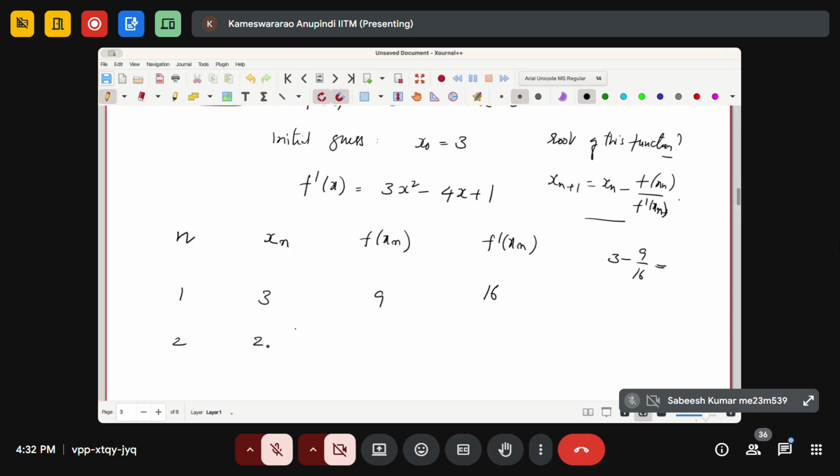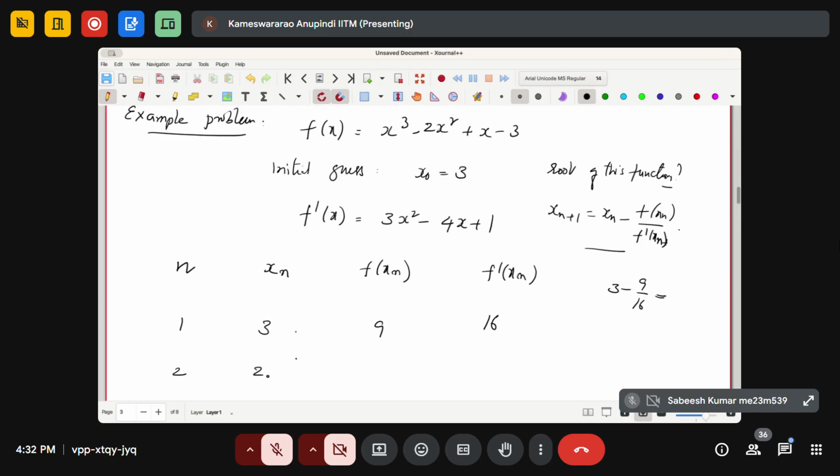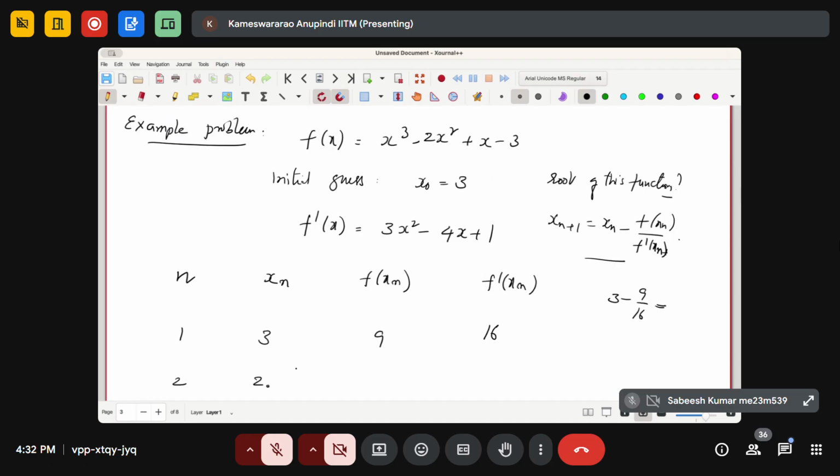So I want you to calculate these values. What is xn plus 1? 2.4375. Then f of xn for 2.4375, you can compute in a calculator, x cubed minus 2x squared plus x minus 3.